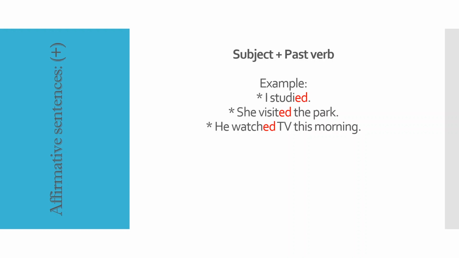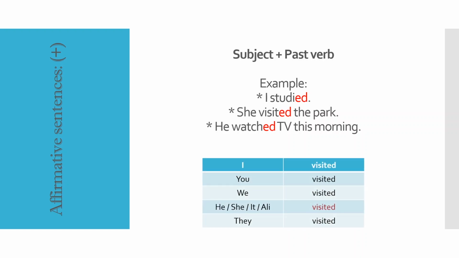For example, I studied. She visited the park. He watched TV this morning. Here, the rule for different subjects is different from the simple present. Here, there is no difference between I, you, we, he, she, it, Ellie, they. We change them all by adding ed or the different rules that we have.